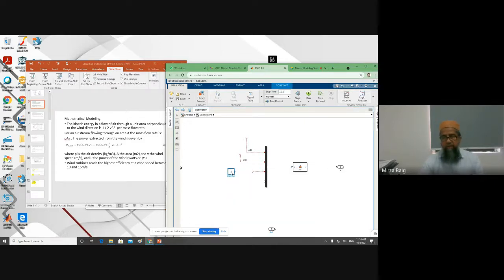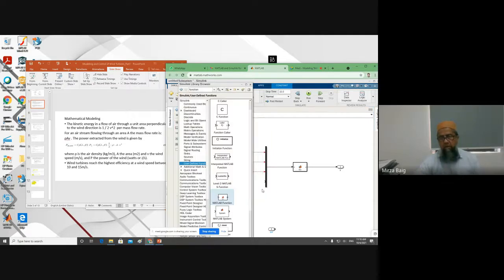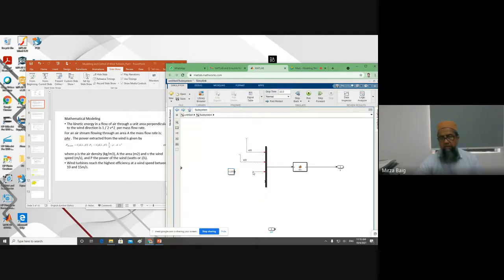We give its value 1.225, and that will be U3. And then fourthly, we have our Cp, that will be our U4.